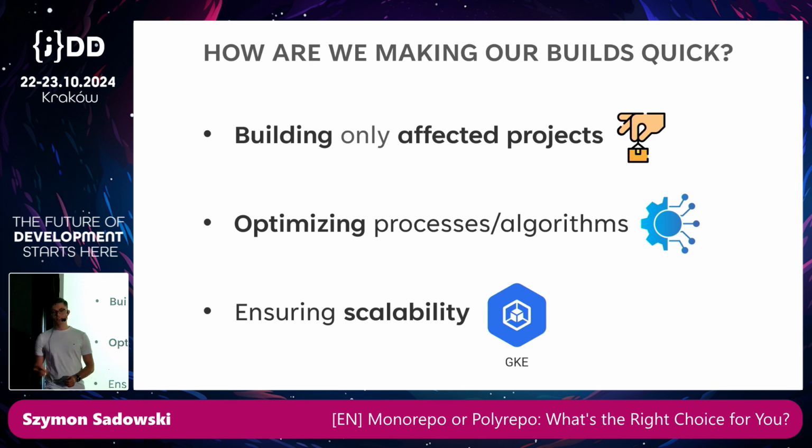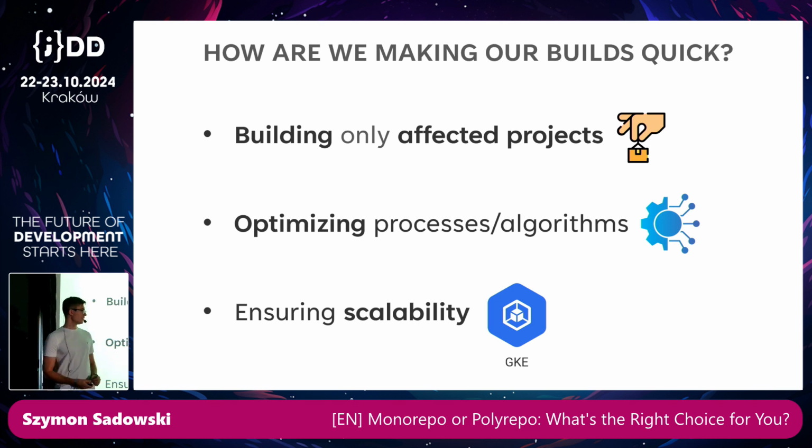Next one is building only affected projects. As in many organizations, many teams, once they start developing a Monorepo, use the naive approach of building everything for each commit. So let's suppose I'm making a pull request to change just one service. In the naive approach, I'm going to build everything.